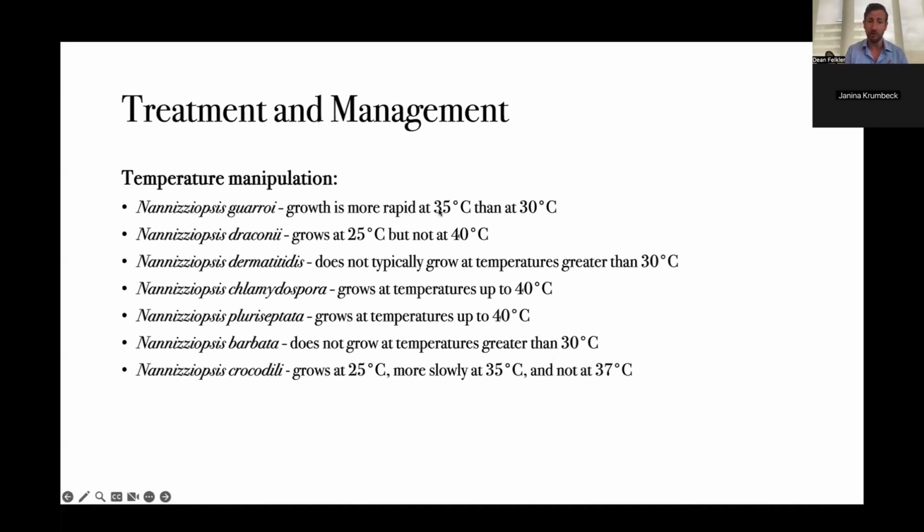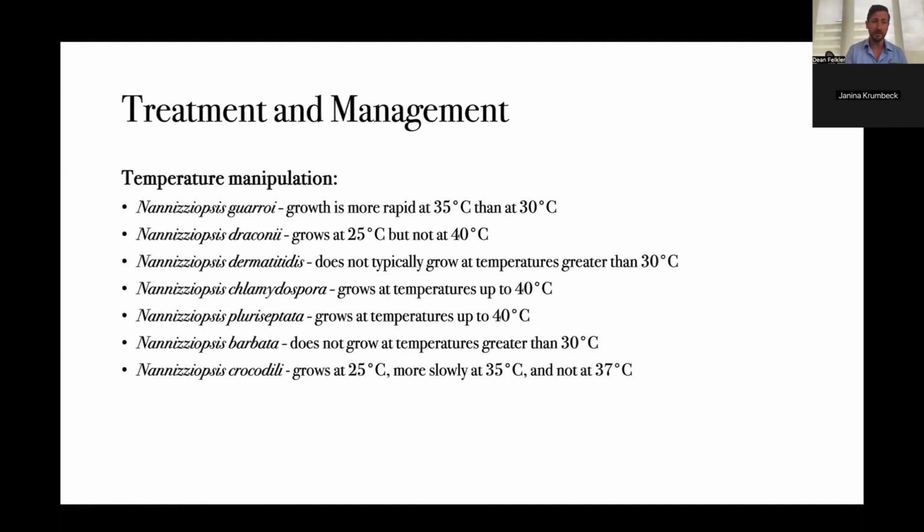It has more rapid growth at higher temperatures, 35 to 40 rather than 30. So do you perhaps lower the temperature a little to minimize the fungal growth? And equally, the opposite, Nannizziopsis draconii grows better at lower temperatures. So if you know which species it is, you can change the temperature slightly.